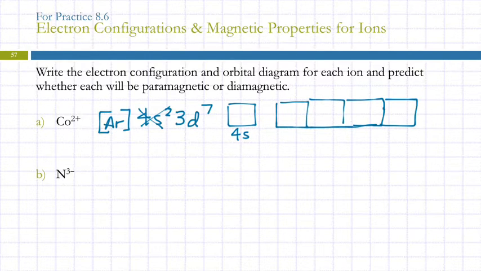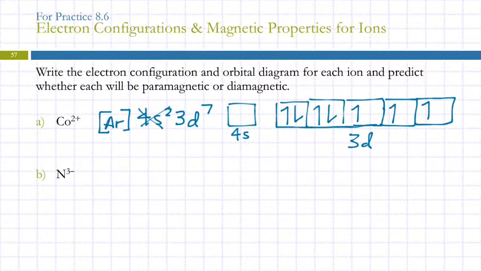Having troubles. This is not my best work. So putting these guys in, stick them in their own beds first, right side up. Okay, there's 5. And now the next 2 have to pair up. This is the 3D sublevel.